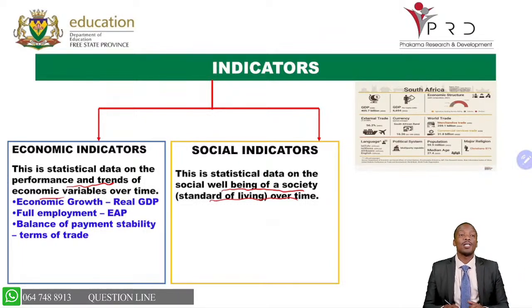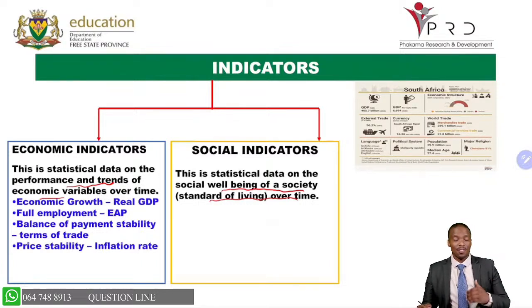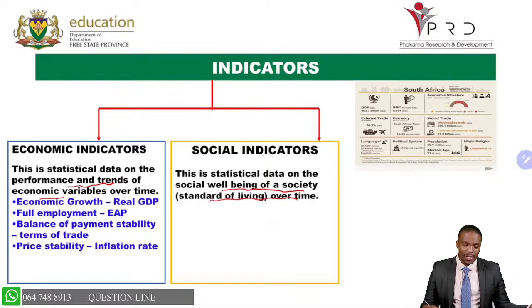Price stability: the prices need to be maintained while we are still achieving economic growth and full employment. Once those prices increase, we know that inflation is likely to occur. So we need to monitor where inflation is and where inflation was.